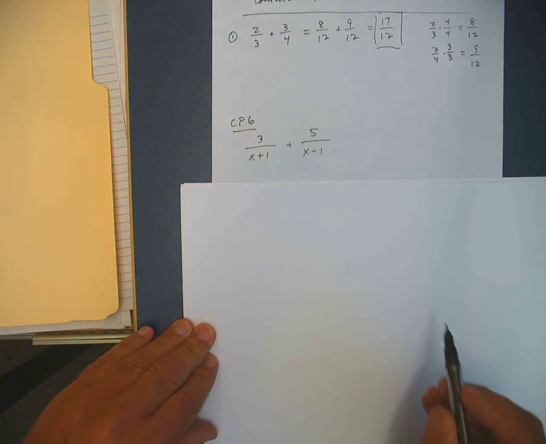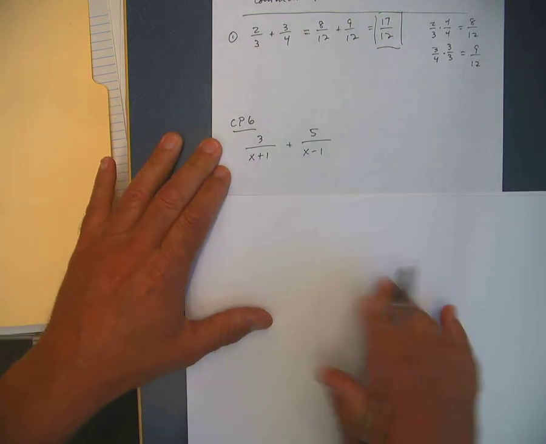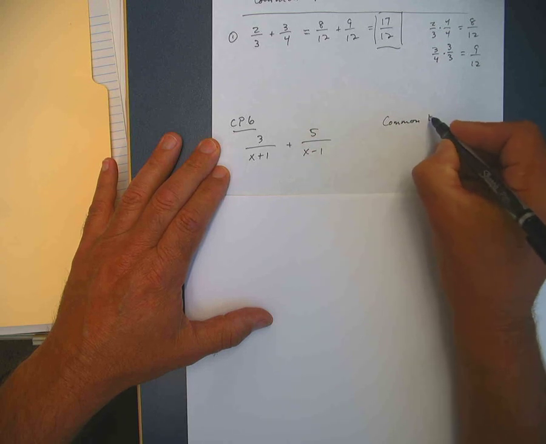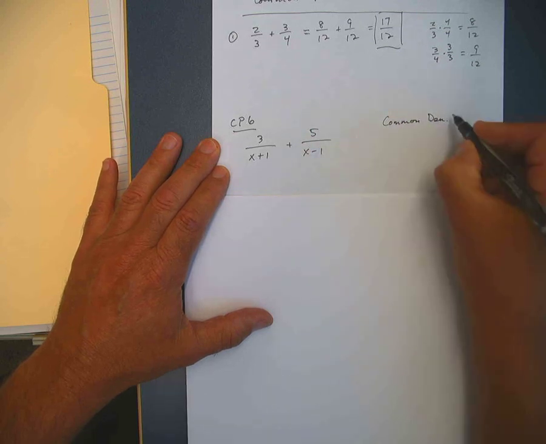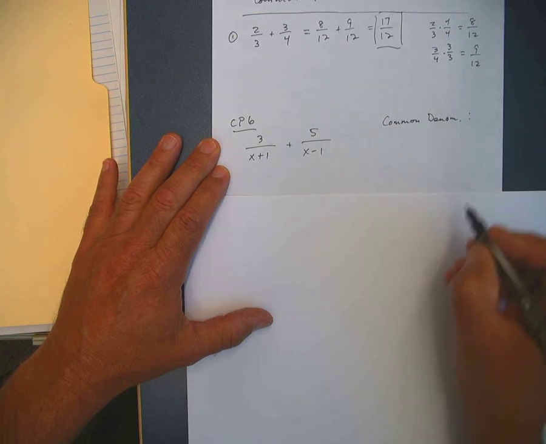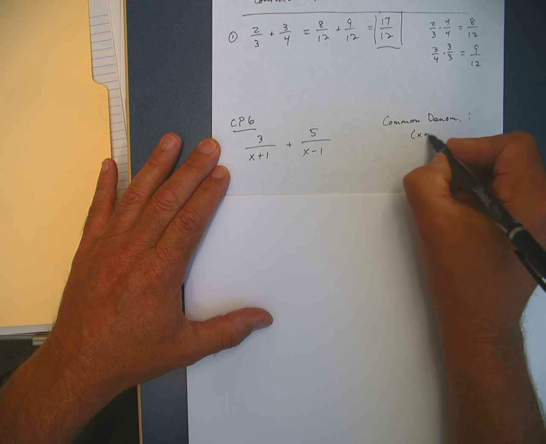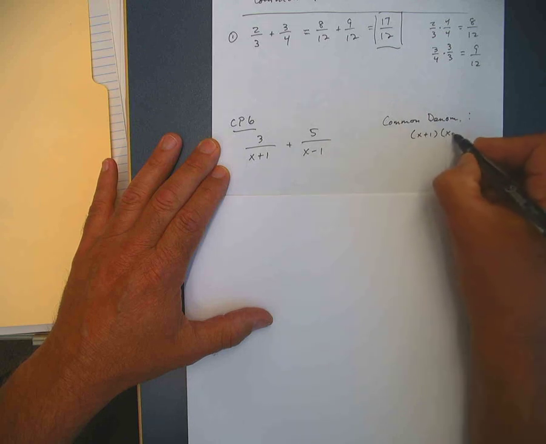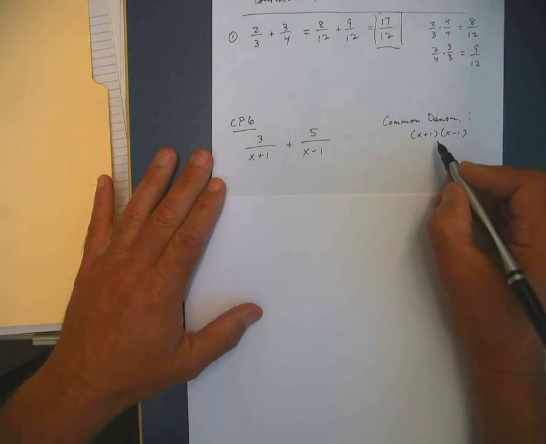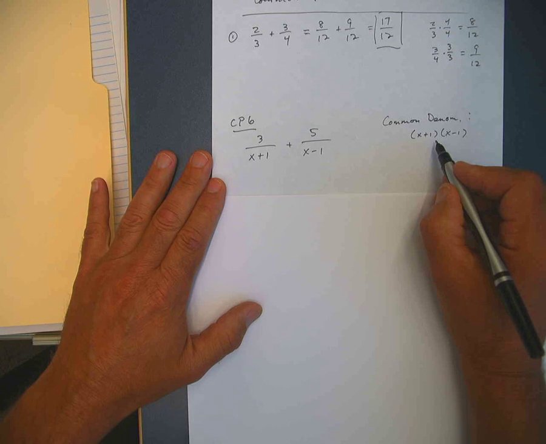We multiply the two denominators together. So the common denominator, I'll just abbreviate it, is going to be x plus 1 times x minus 1. And you can multiply that out, it'd be x squared minus 1, but let's leave it in the factored form. In most of these problems, that's what we'll do, is leave it in the factored form.